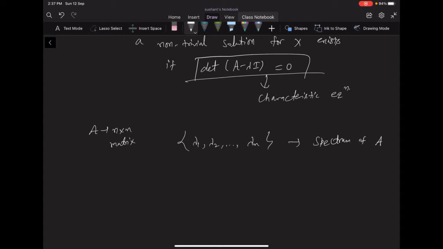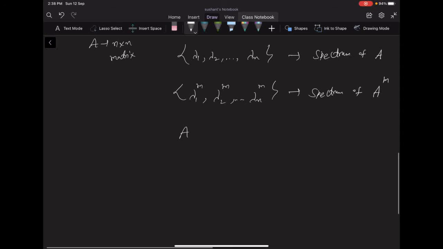And if we want to find the eigenvalues of the matrix A to the power m, they will be just lambda 1 to the power m, lambda 2 to the power m, up to lambda n to the power m. This is the spectrum of A to the power m. We can easily see this from the eigenvalue equation Ax equals lambda x.